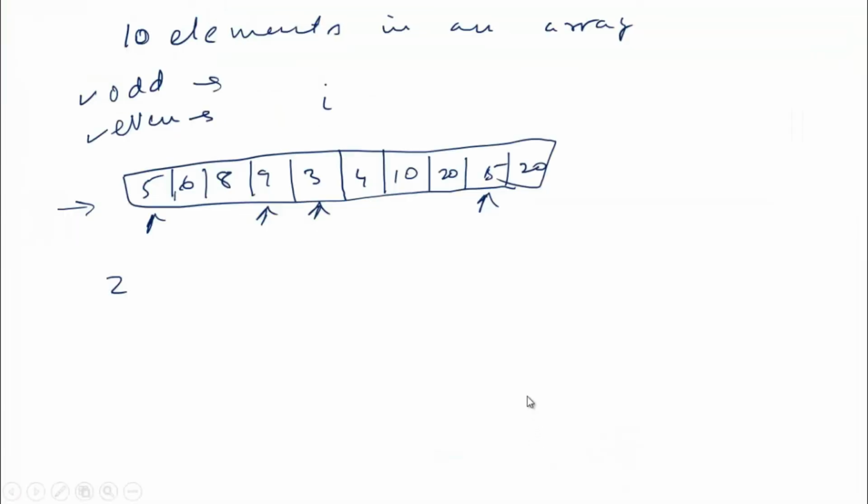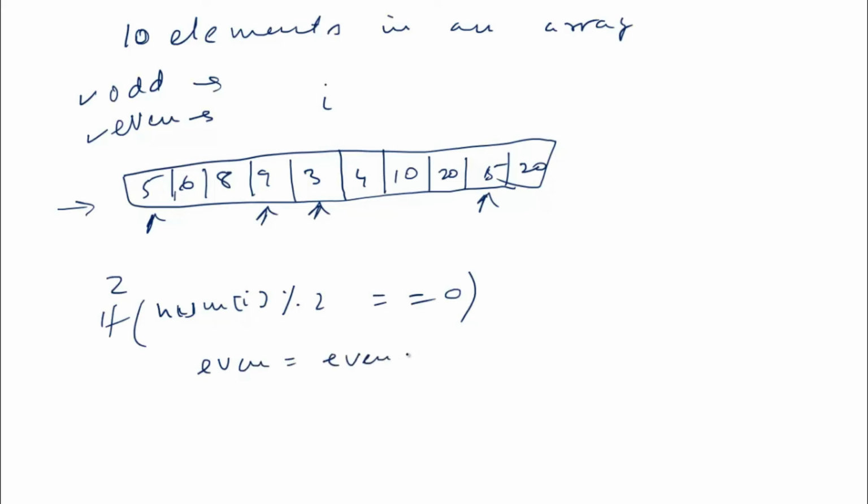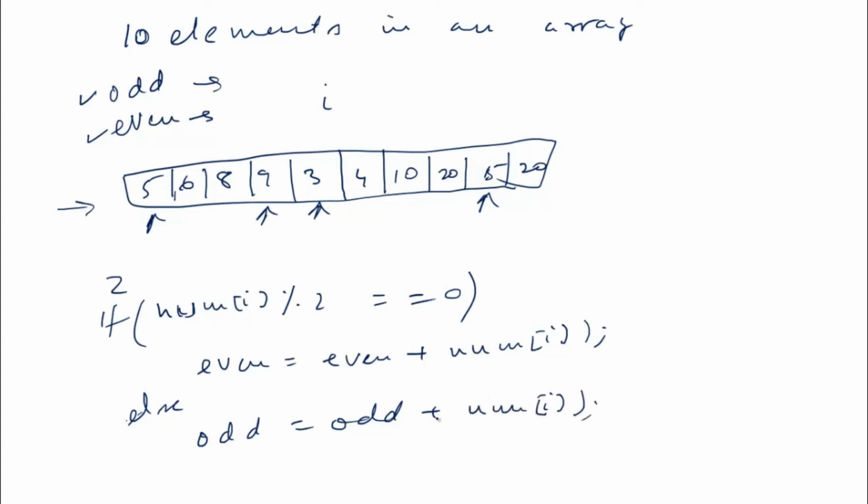So suppose these elements are there. It will first search: num of i percentage 2 equal to 0. If that is satisfied, it will add to even plus num of i. Then else odd, this is what I did there.